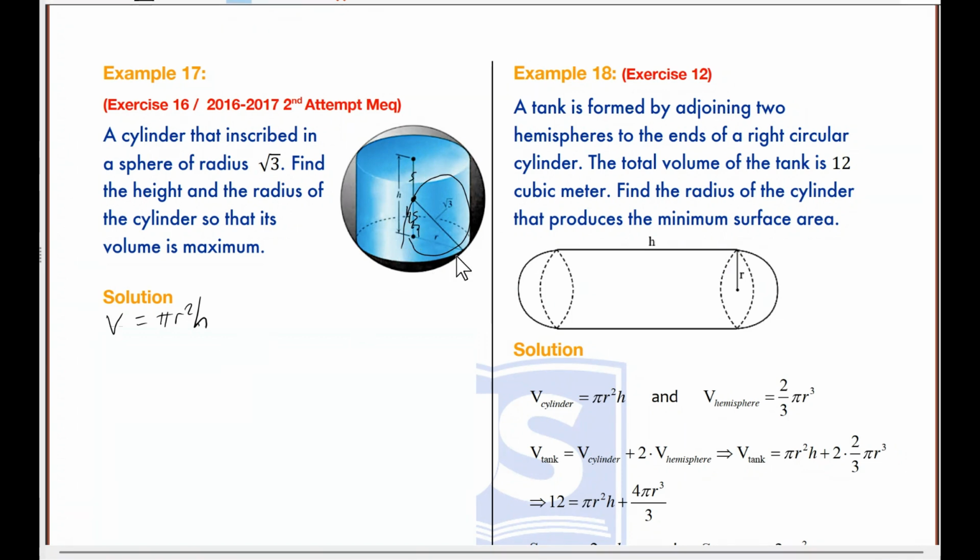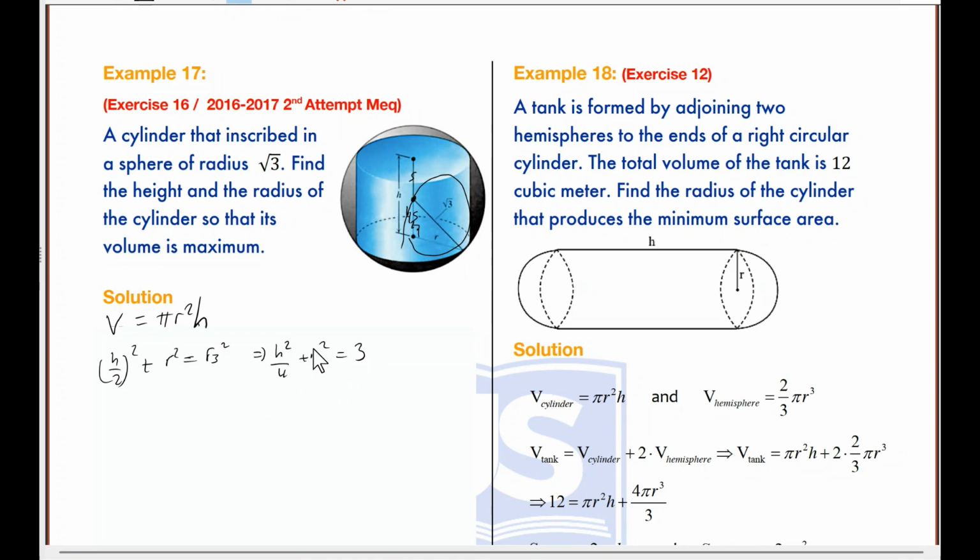So I can set this equation by using Pythagorean theorem, which says h over 2 squared plus r squared, the sum of the squares of the short legs, is equal to the square of the hypotenuse. So h squared over 4 plus r squared equals 3.